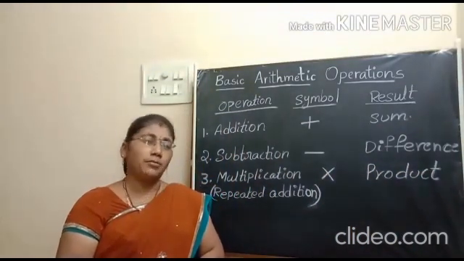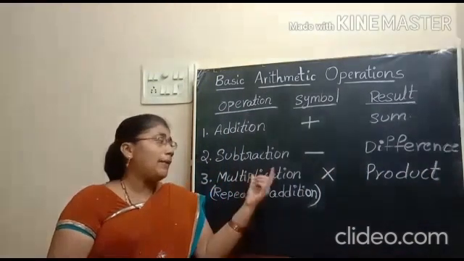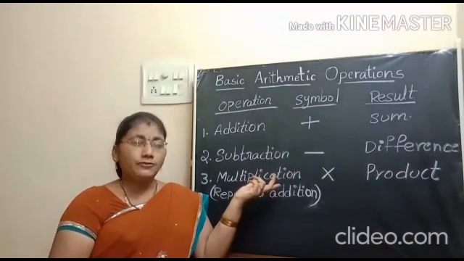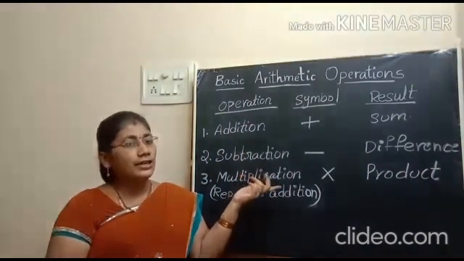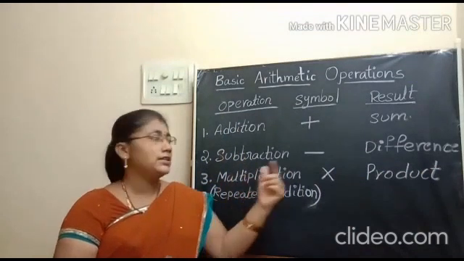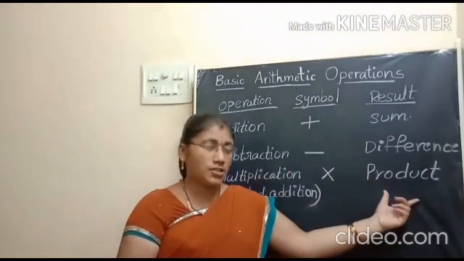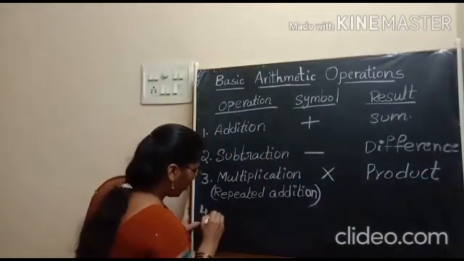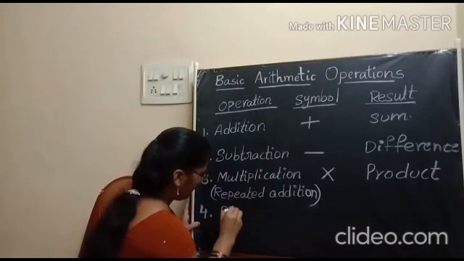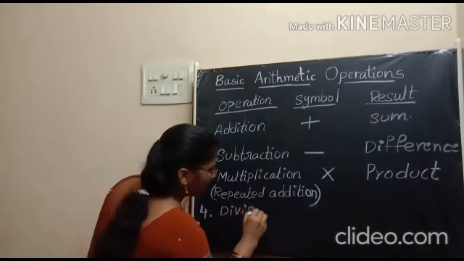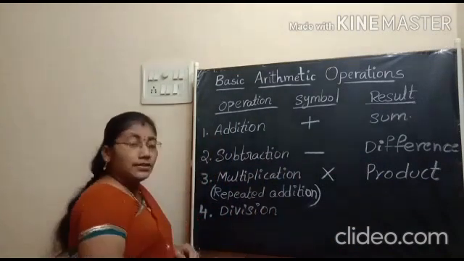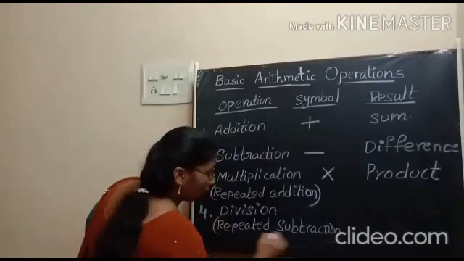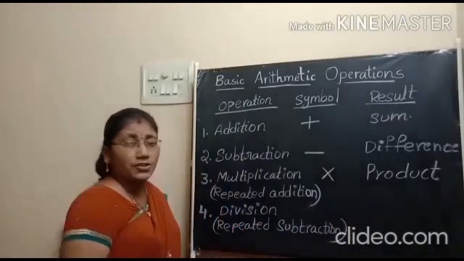Usually, we apply the multiplication operation on two numbers. After completion of multiplication, we get a result. That result is called product. Understood? The next operation is division. This is also called repeated subtraction.